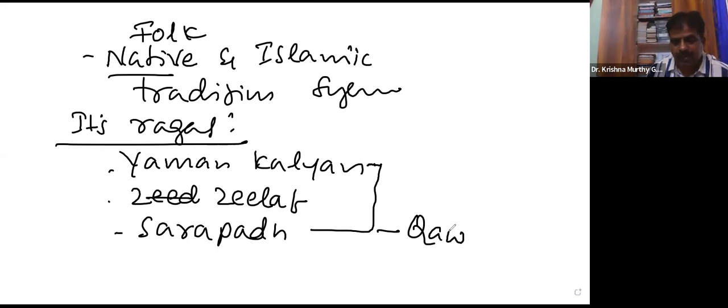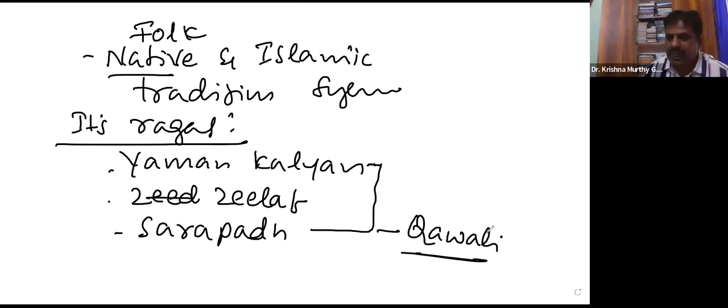Kawali. These ragas independently developed into Kawali, so the Kawali system of music was initiated from this.